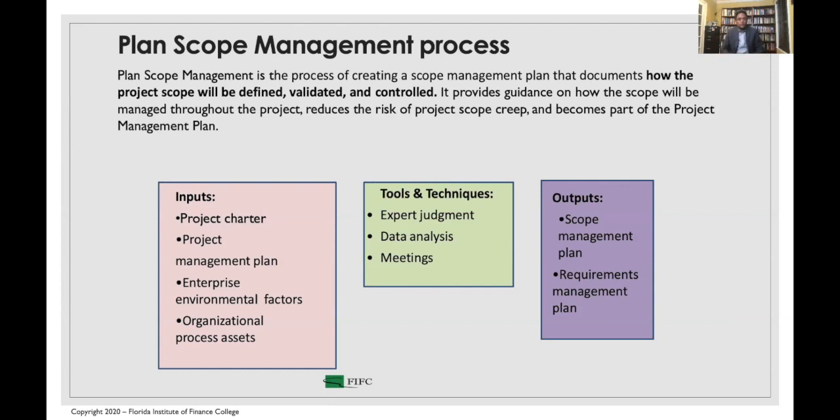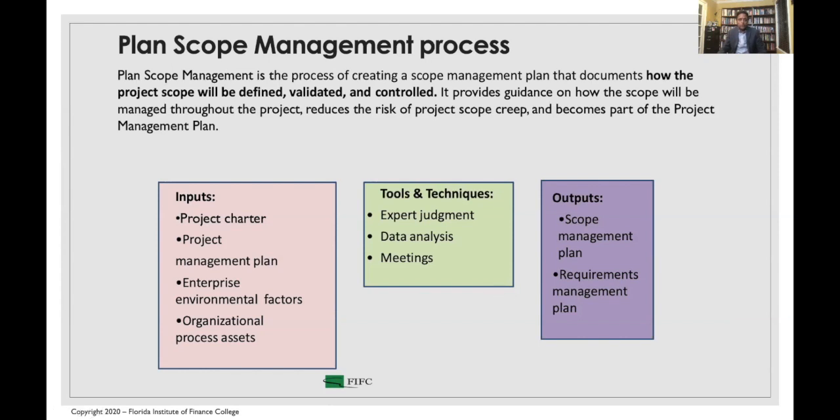Then your output is your scope management plan. And of course, you have another plan called the requirement management plan. And by week 2, you will also use these inputs, tools, and techniques to develop your selected projects.